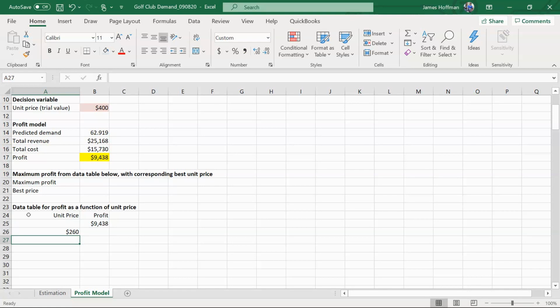In A27, type in 280. That should be enough for Excel to recognize that you want to count up in increments of 20. Just select A26 and A27, which should be the 260 and 280 that you entered. Then grab the bottom right corner and start dragging down, and it counts by 20 all the way to this range. So let's do this.